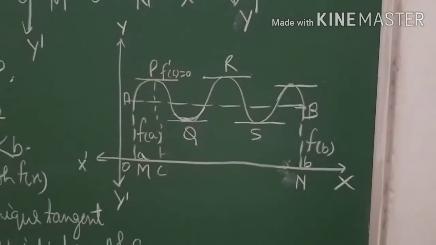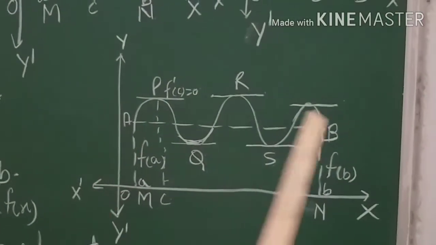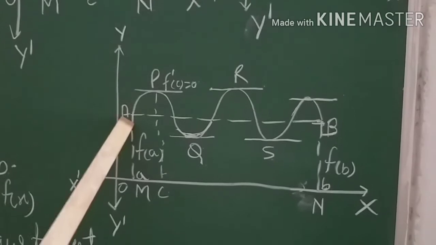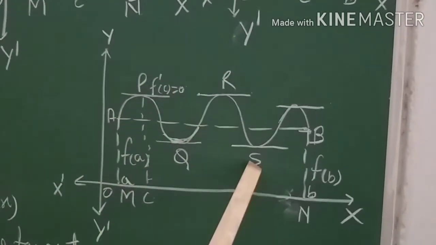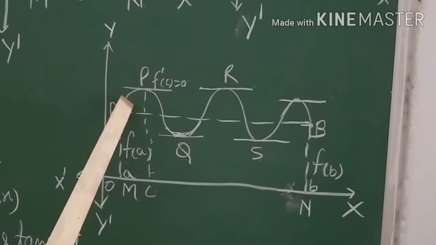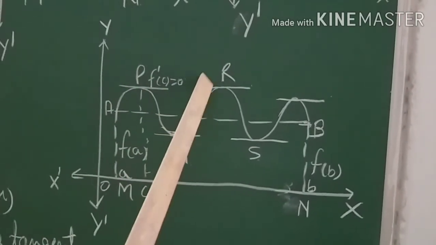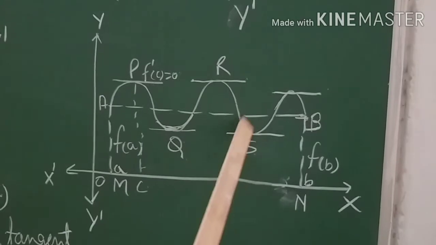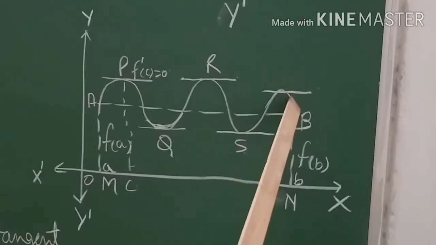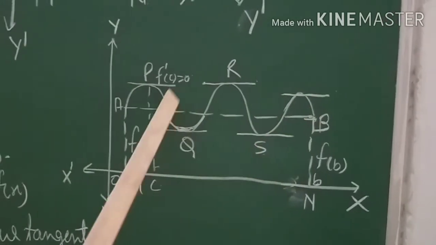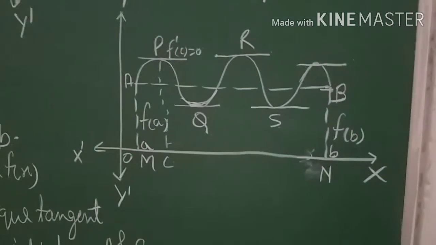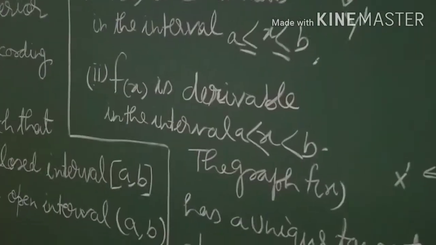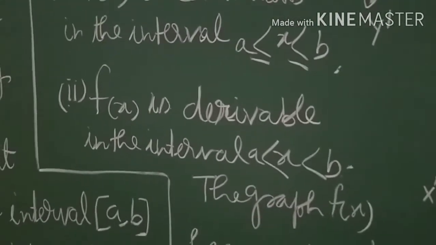In the third figure also, from a to b we can take many points, as we have taken p, q, r, s, or more points on the curve, and at every point we can draw a tangent. It tells us that the function is differentiable from a to b. This is the meaning of differentiable or derivable.